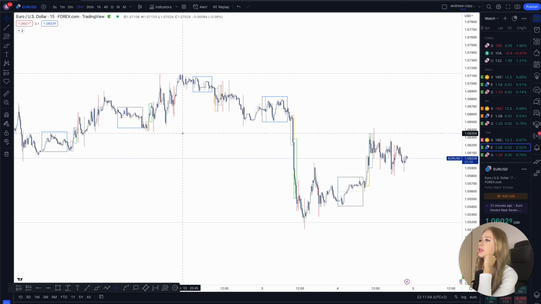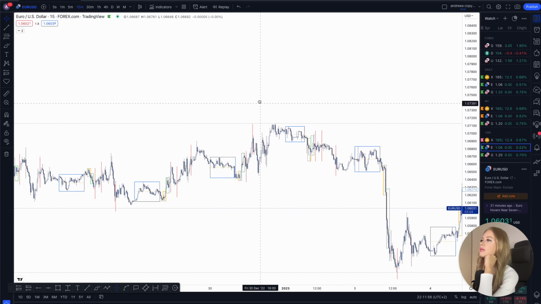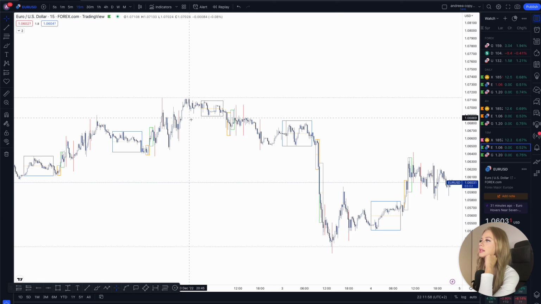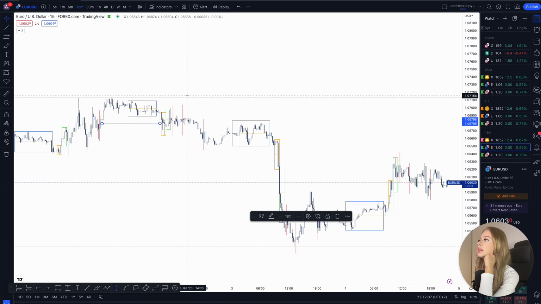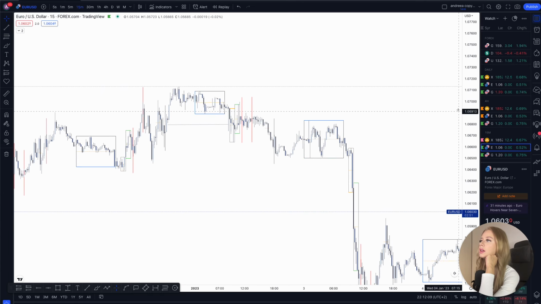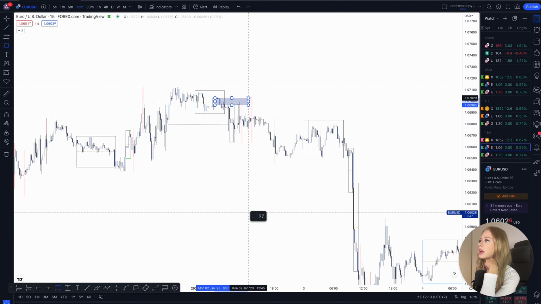So basically, even if on the 15 minutes we saw this structure, and let's say we had this change of character to the downside, probably a POI somewhere around here that was mitigated, and then the market just came into the Asian midline over here in the London session, right?